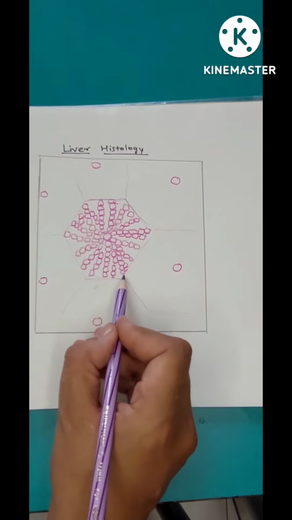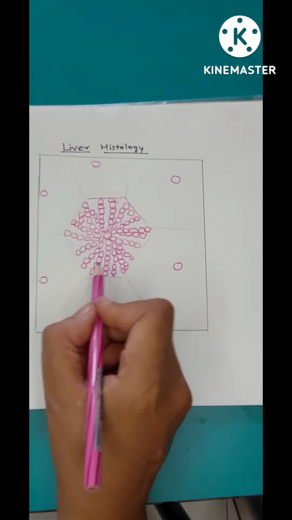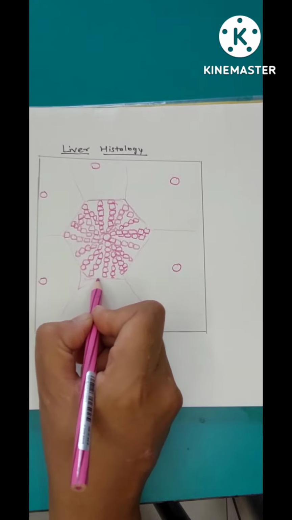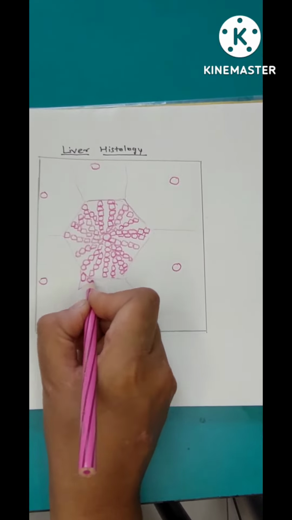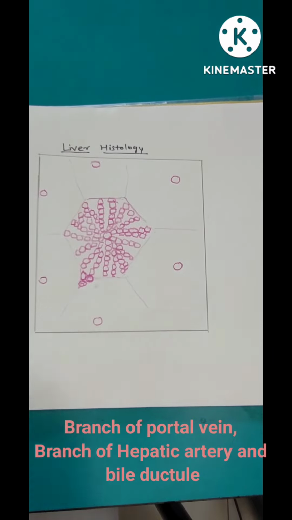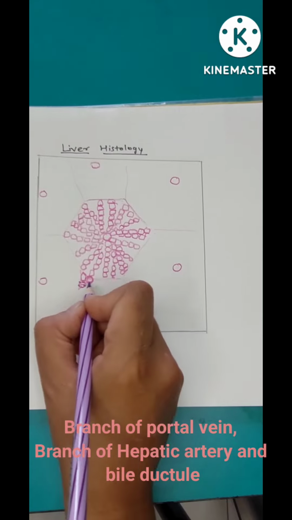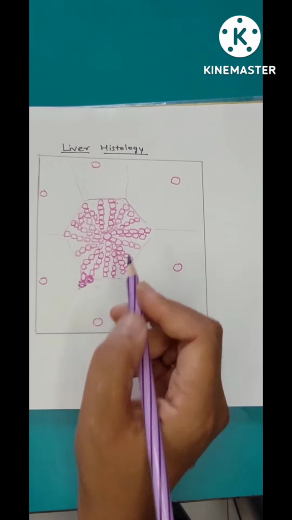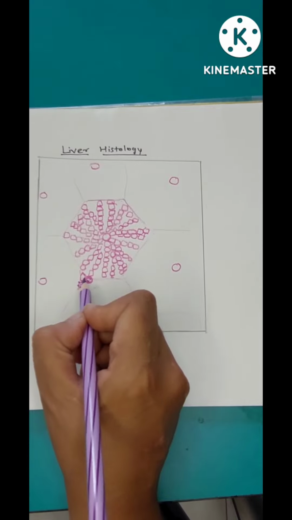Here at the corner of each hepatic lobule, you can see connective tissue containing portal vein, hepatic artery, and a bile duct. Bile duct is lined by the cuboidal epithelium. So this is bile duct. This is branch of hepatic artery which has a regular lumen, while this is portal vein.